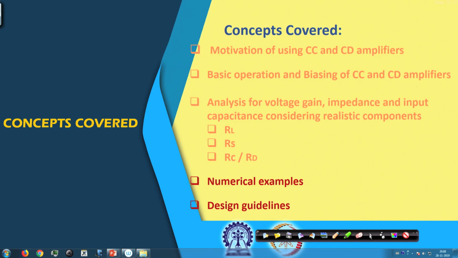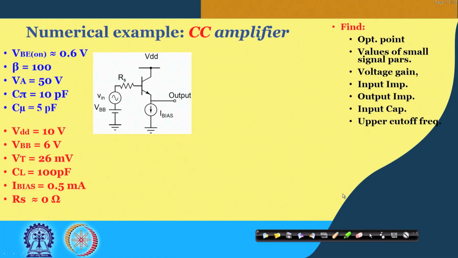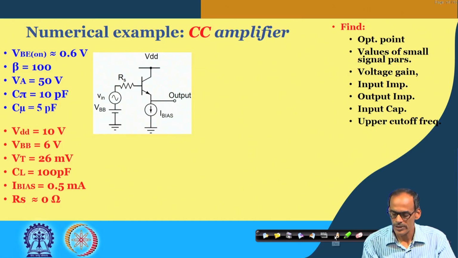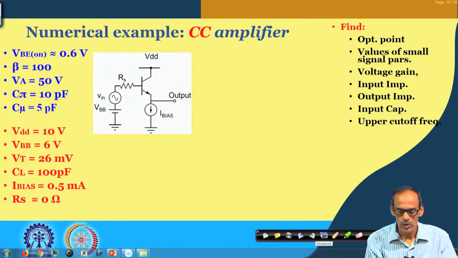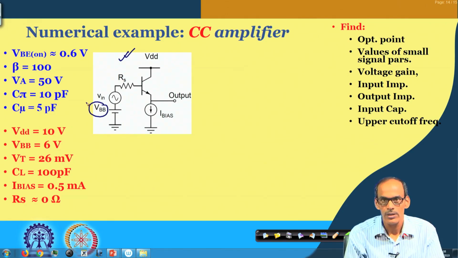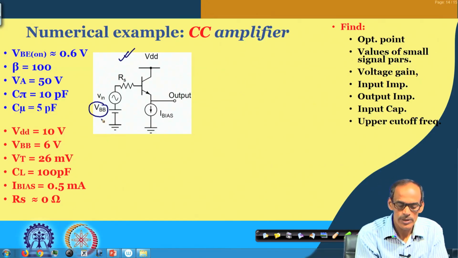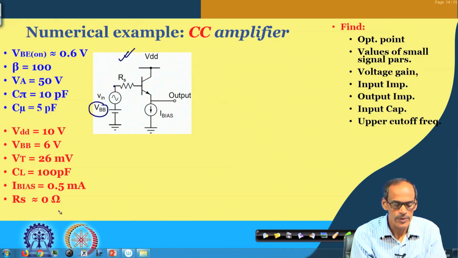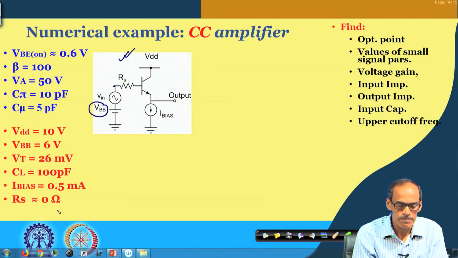So, let us start with one numerical example where we have an idealistic bias. We have the common collector amplifier given here, and the bias circuit is given here. VBB is making a bias at the base terminal, and we have a DC supply of 10 volt.